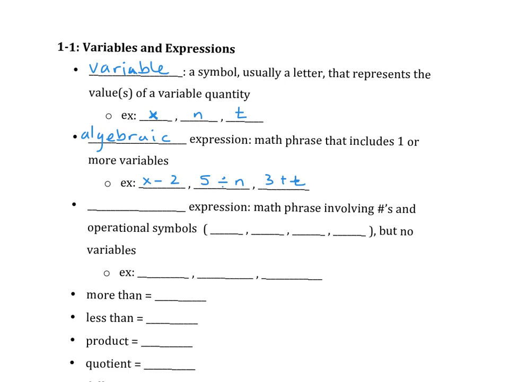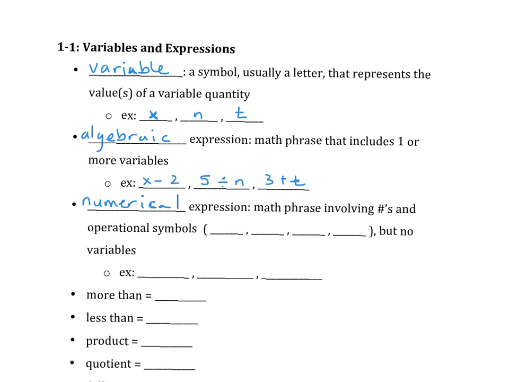The next one down is not an algebraic expression now. It's a numerical expression. What do you hear there in the word numerical? Or what do you see? What does it make you think of? Kind of like number, right? We're missing a B, but numerical is representing numbers. So it's a math phrase involving numbers and operational symbols.